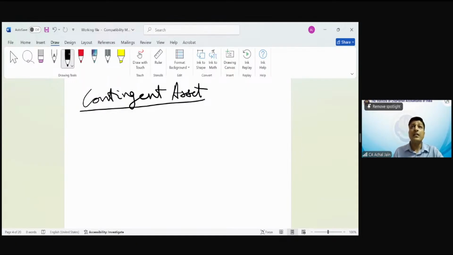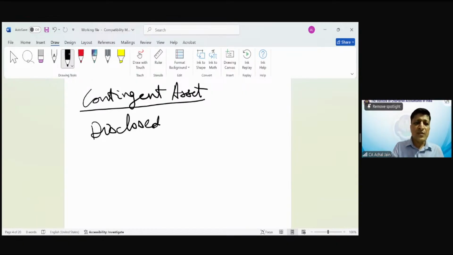But if in respect of any benefit, any asset, some contingency is attached, for which certainty is not there, then what do you do? You will disclose it. But this is not disclosed in the financial statements. It is disclosed in the report of the approving authority, that means in the director's report.